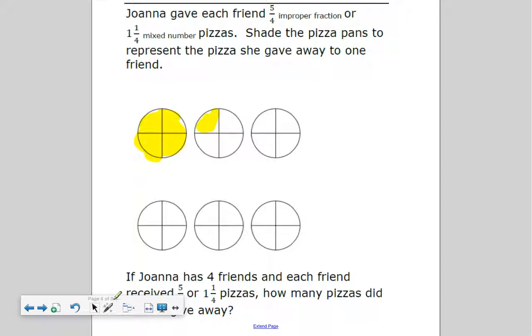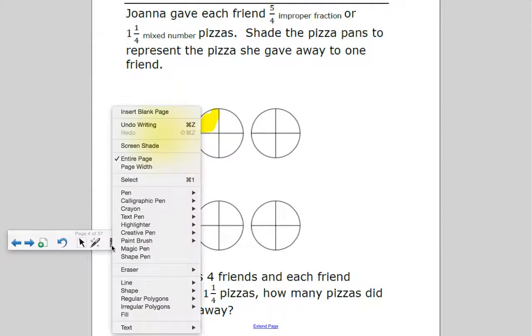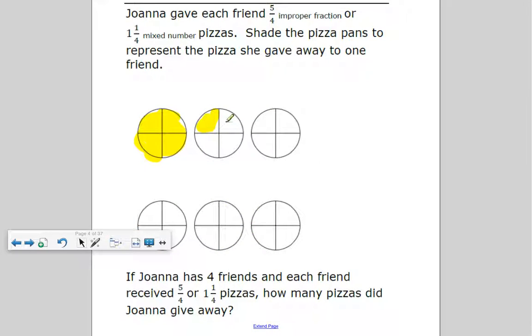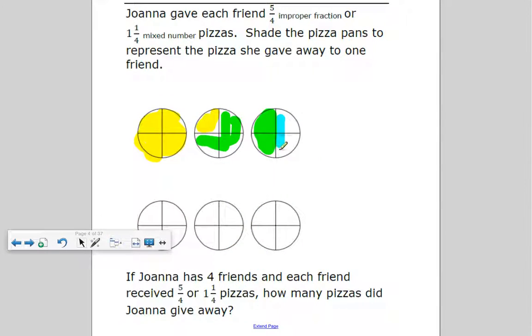If Joanna has 4 friends and each friend received 5/4 or 1 1/4 pizzas, how many pizzas did Joanna give away? So let me use another highlighter and shade in 1 1/4 or 5/4. 1/4, 2/4, 3/4, 4/4, 5/4. So she gave that to her second friend. 1/4, 2/4, 3/4, 4/4, 5/4.